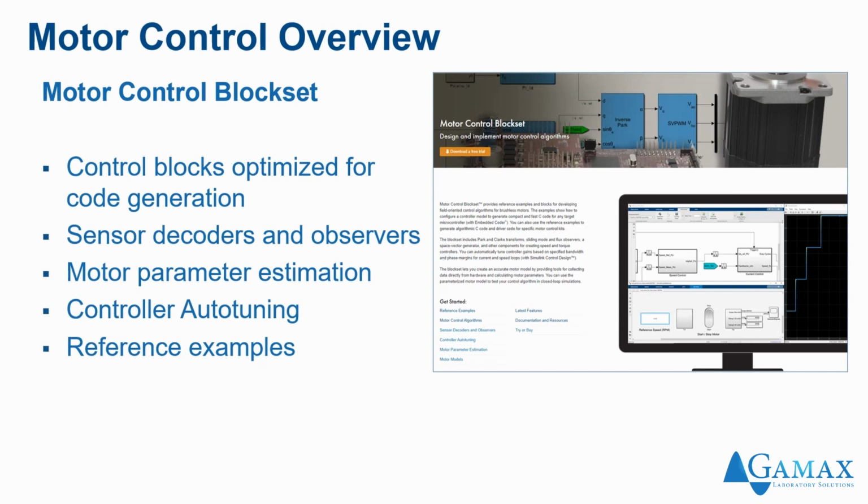On top of that, we also provide blocks for sensor decoding, flux observers for sensorless control, motor parameter estimation, automated loop tuning, and further reference examples. In this session, we will see how model-based design makes the motor control faster and easier.